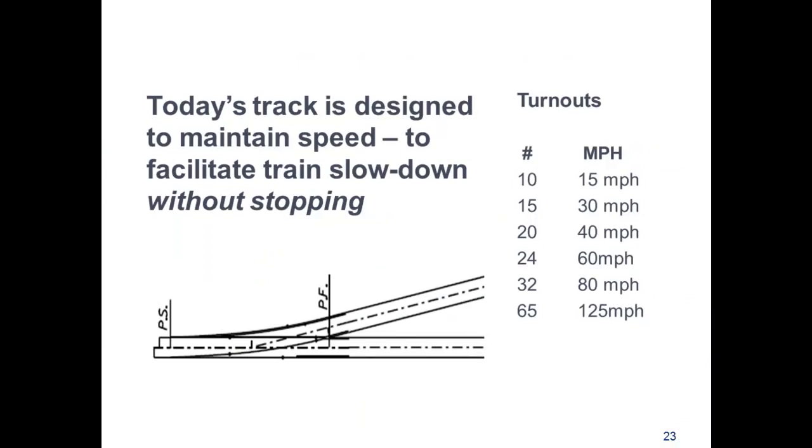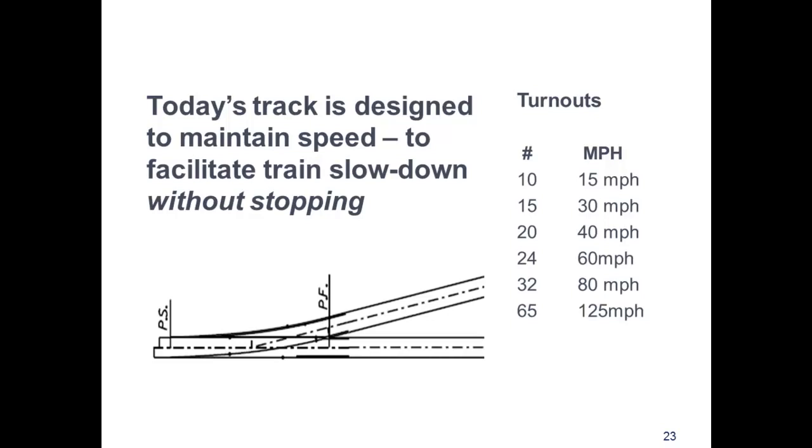What about the size of the turnout? Okay, the size of the turnout is necessary for trains to exit the main line at the best speed. And the table will give you a description of what the turnout sizes are, everything from number 10s to number 65s, and what the typical speeds are. The higher number turnouts facilitate train slowdown without coming to a full stop.